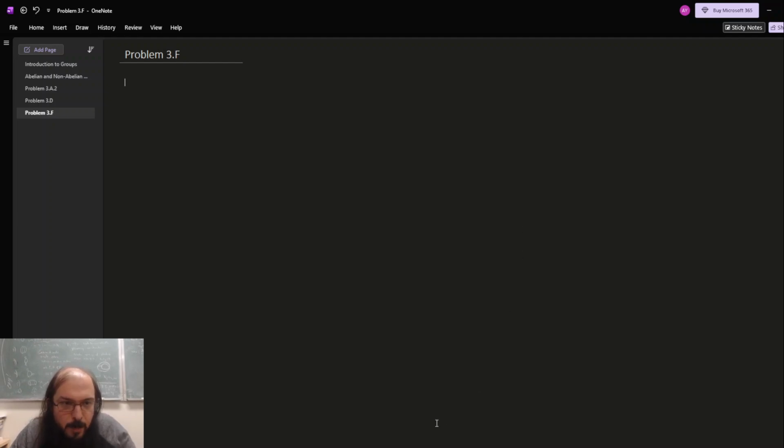This will be our last problem of chapter 3 that we're going to work through. This problem deals with binary codes, groups that appear in binary codes. And binary codes are a central tool of modern computer science. Well, maybe not even modern computer science, just computer science full stop.